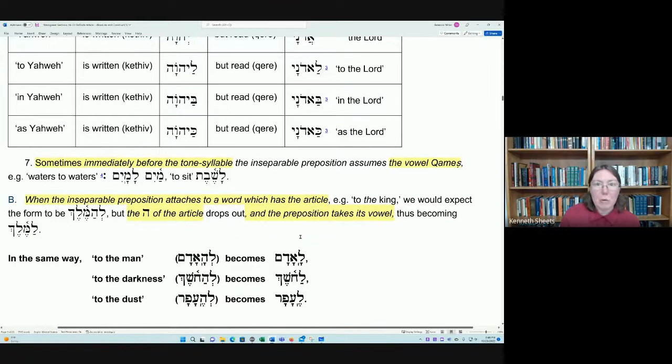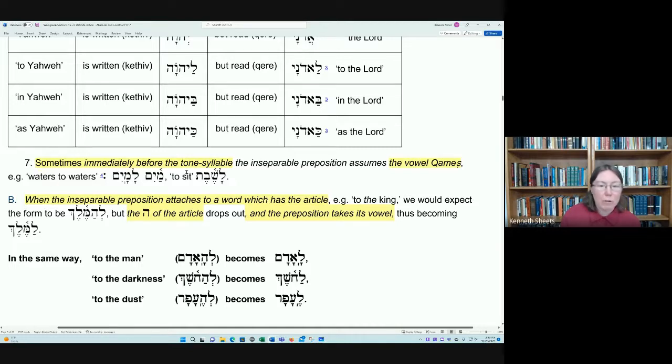Now, normally you will hear both the dean and me just read the name as Yahweh, but the Jews will very often read Adonai instead, or nowadays even just say Hashem. So Hashem, the name.